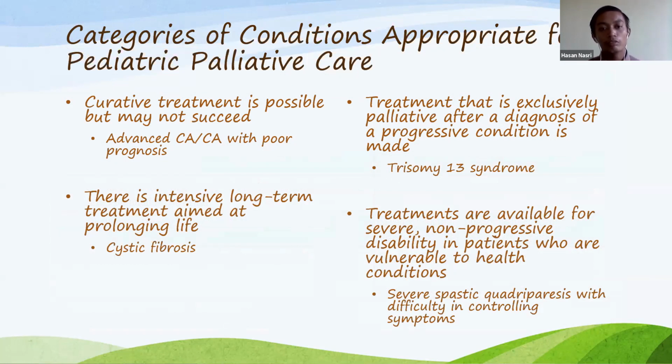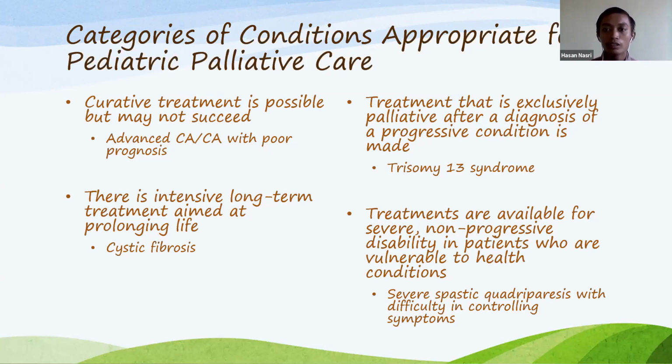For example, a patient with advanced cancer, we can give radiotherapy or chemotherapy. There is a chance of cure, but it may or may not, depending on the staging. And the second is intensive long-term treatment aimed at prolonging life, which means we aim to maintain the quality of life as long as possible.